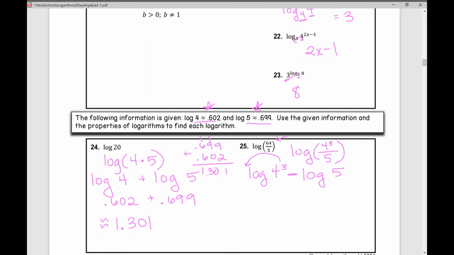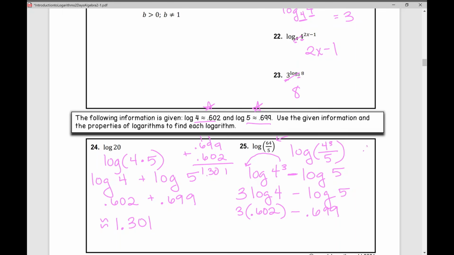I can move it in front and multiply it times the log of 4 minus the log of 5. So now we've got the log of 4, which we know to be 0.602. So that's 3 times 0.602 minus the log of 5, which is 0.699. And now we're just going to use our order of operations to simplify this.